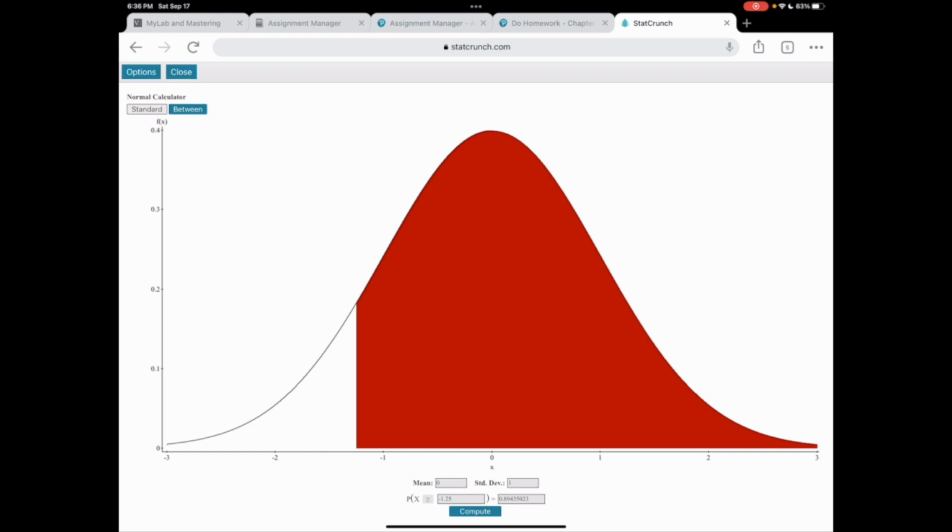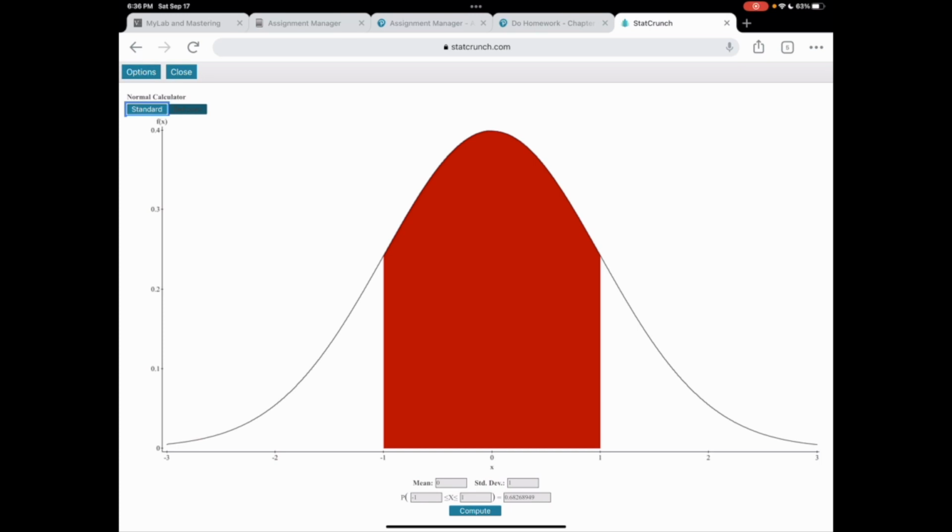So I'm back in StatCrunch, and notice in the top left of my window here, you see where it says normal calculator, and it says standard in between. So standard is when you want to go to just the left or the right. Between is when you need to go, obviously, between two different values, and that's what we need to do here. So once again, our mean is still 0.